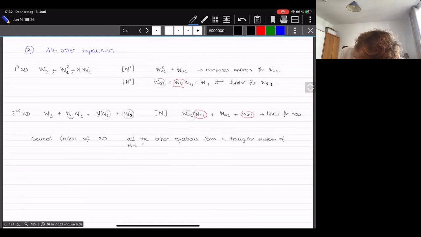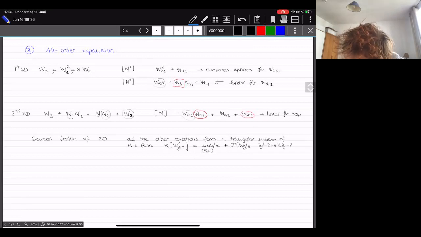Of the form: a certain linear operator K acting on W_{g,n} equal to something. There's a piece that we don't know, but we know it's analytic, coming from these P terms, plus something that involves only W_{g',n'} with 2g' minus 2 plus n' smaller than 2g minus 2 plus n.